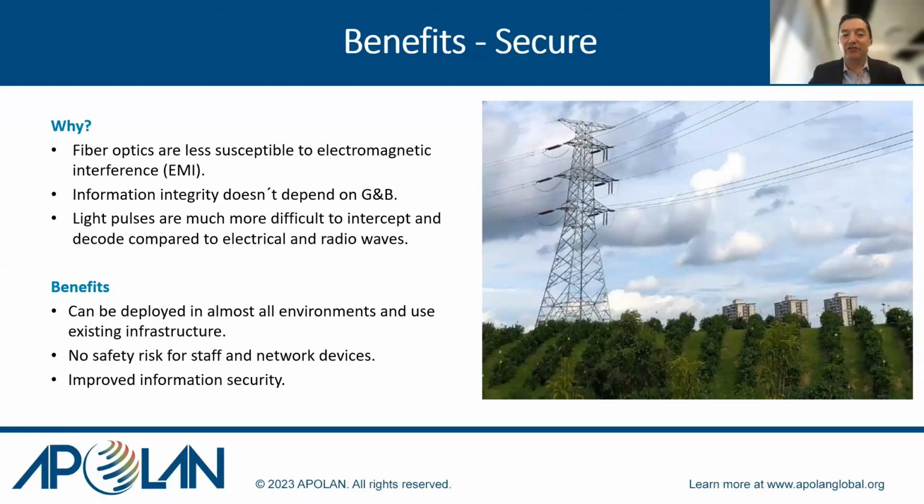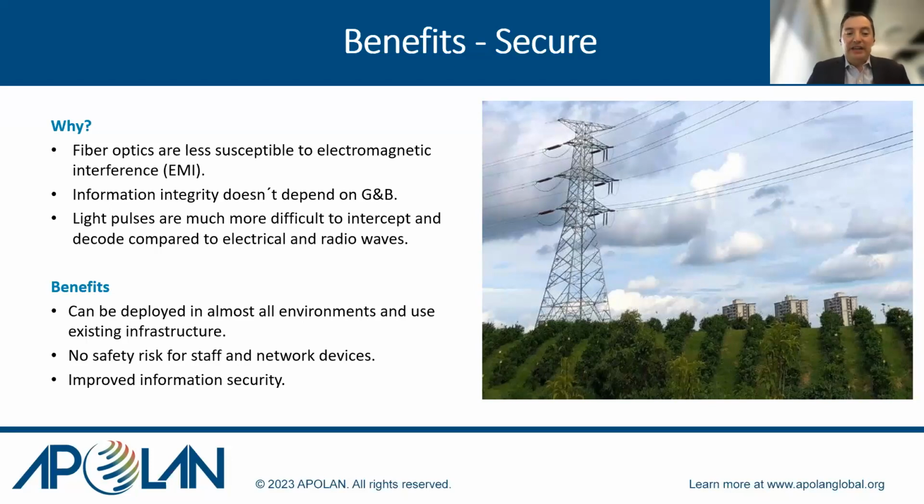Obviously, in terms of security, light pulses are much more difficult to intercept and decode compared to electrical and radio waves. When you connect to a wireless network, for example, it is easy for a hacker, or someone that wants to damage you, to intercept and decode this information.